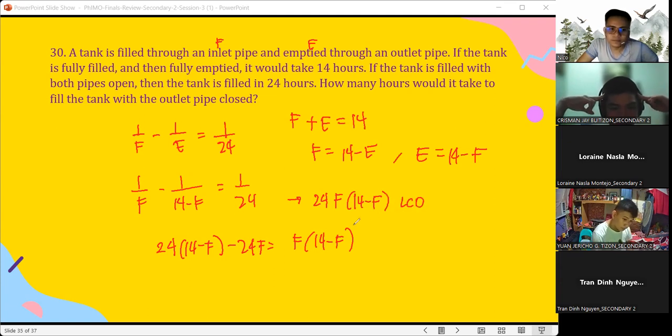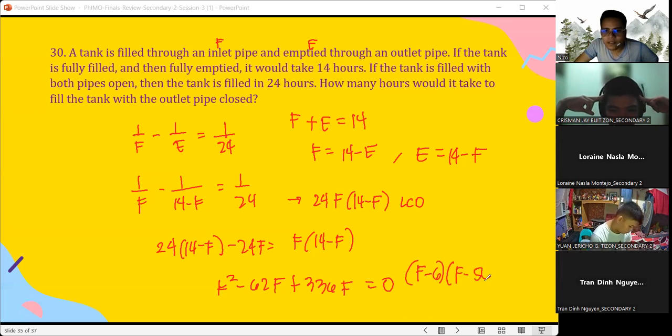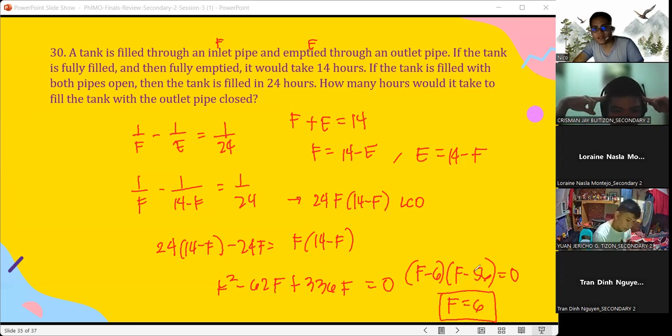Then you'll be able to simplify this further, which is F squared minus 62F plus 336 equal to 0. So what are the factors? 336, 56. So the factors here are (F minus 6)(F minus 56) equal to 0. So F here is equal to 6, because if F is equal to 56, that's too big. So that's it, diba?